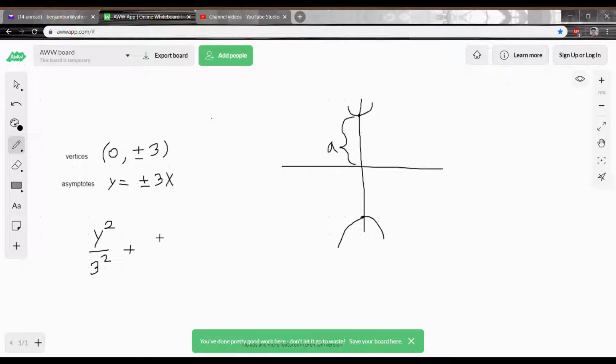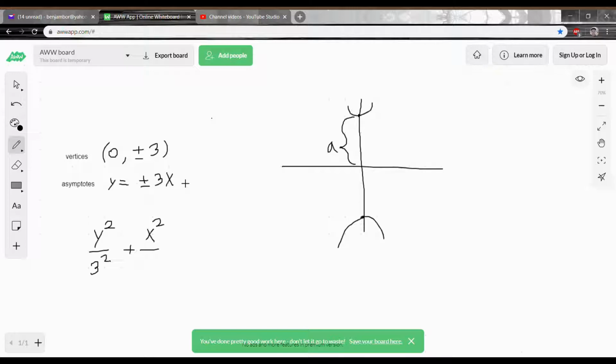Now we don't know our b term yet, but we do know that x squared is the numerator of our second term, and we can find our b term with our asymptote equation information.